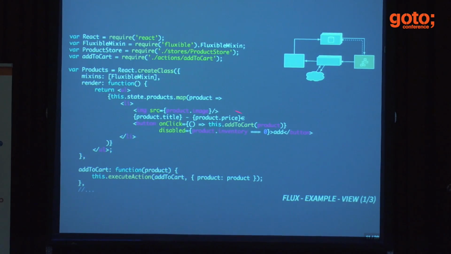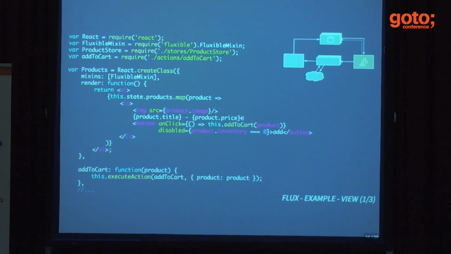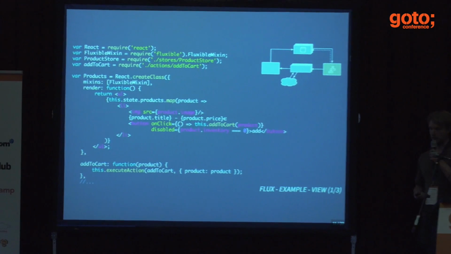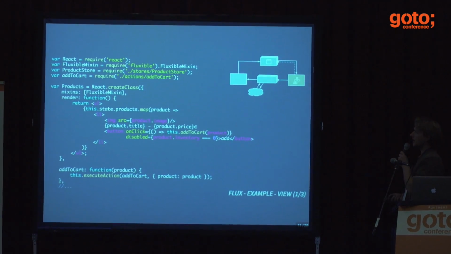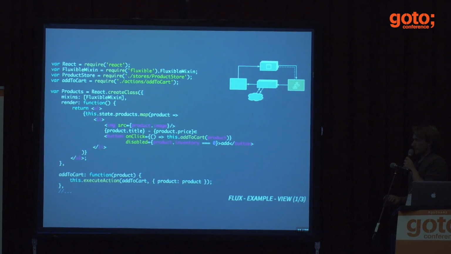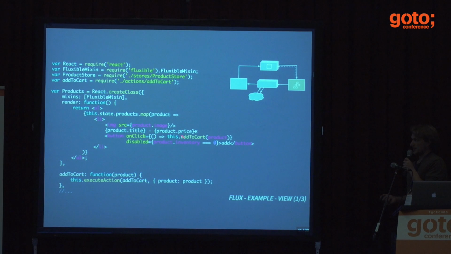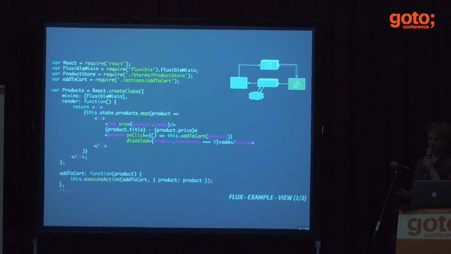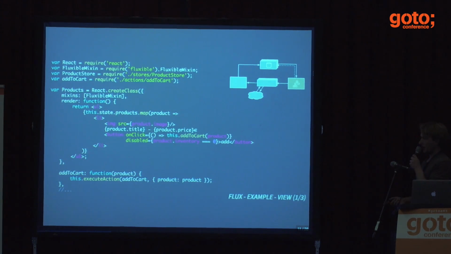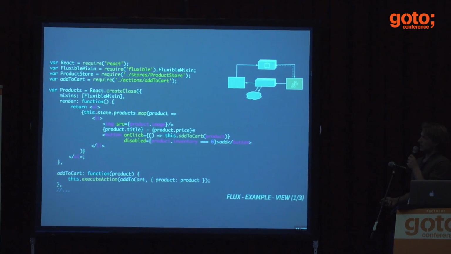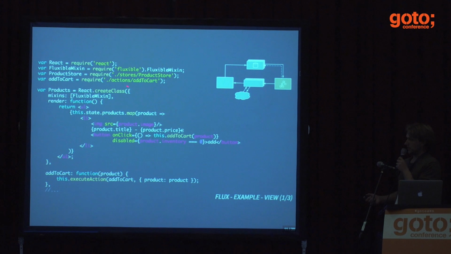So it's a way you can embed XML literals into your JavaScript code to simplify the generation of DOM. And the most important thing that this view component does is just render the current state, which it has received from the store, from the product store somehow. We'll see how. And it allows the user to press the button and to add this product to the shopping cart. For this, the action creator is called addToCart that we imported here.